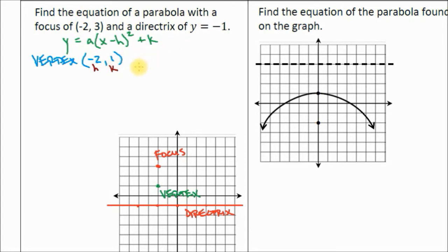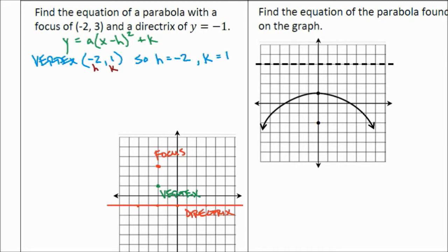So h is equal to -2, k is equal to 1. Now notice, class, I don't flip any signs. When you aren't putting h into a formula or taking it out of the formula, you just go with whatever the x and y values of the vertex are. So h is -2 and k is 1. We're almost there. Now we're going to have to find the value of a.